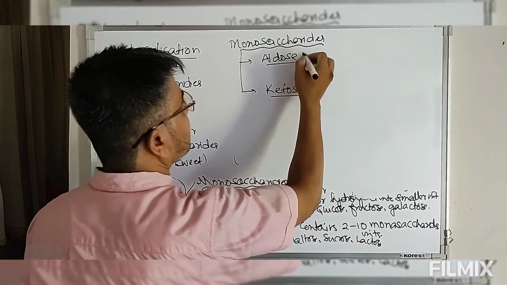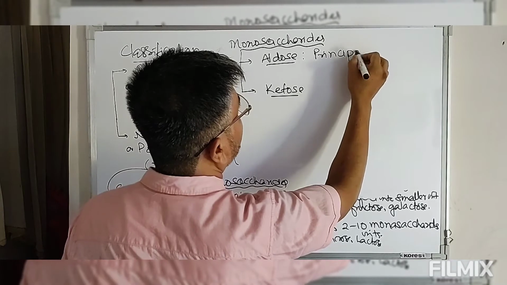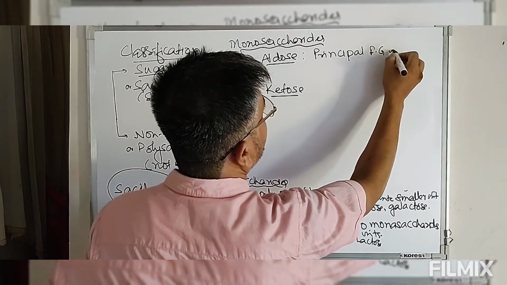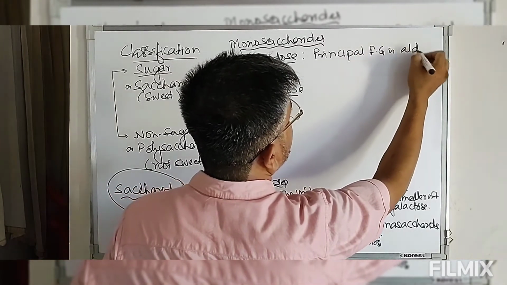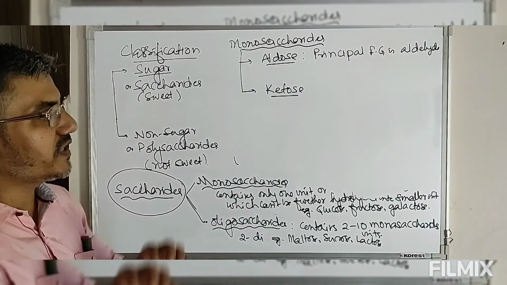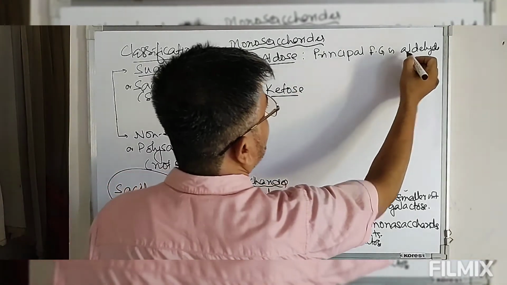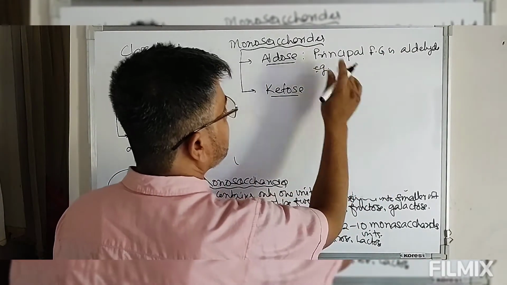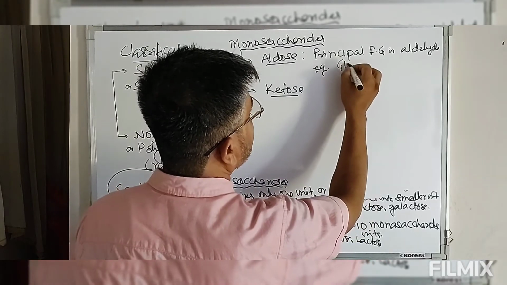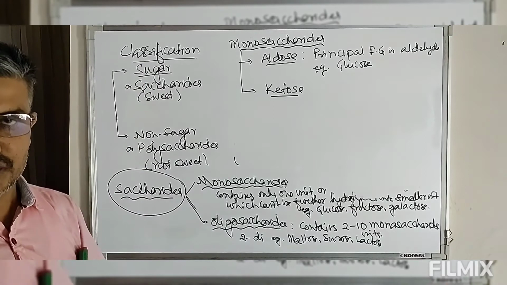So aldose: the principal functional group is aldehyde. Along with the hydroxyl groups, we have the aldehyde group as the principal functional group. An example of aldose is glucose.